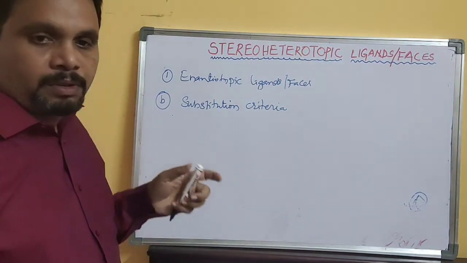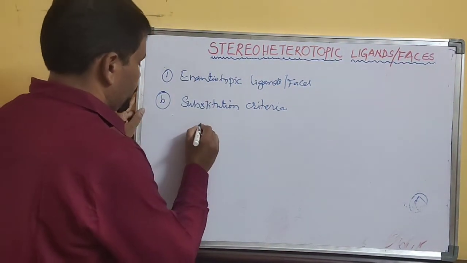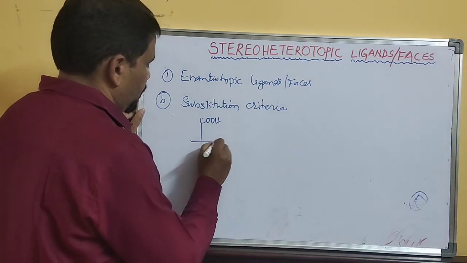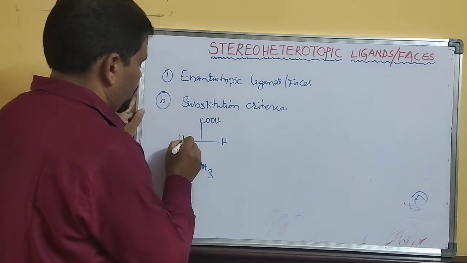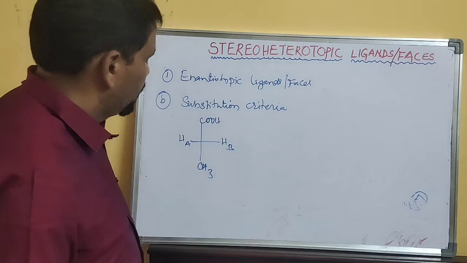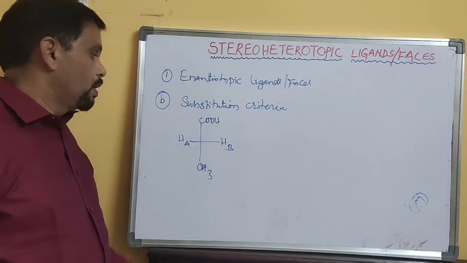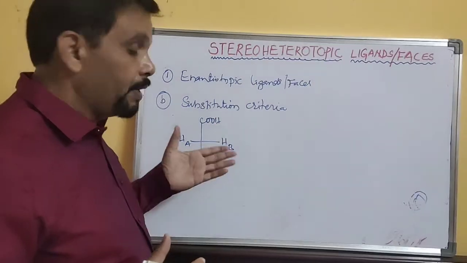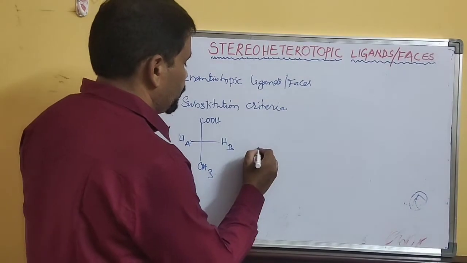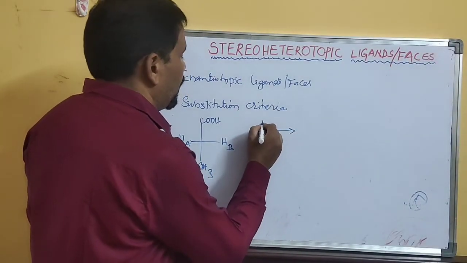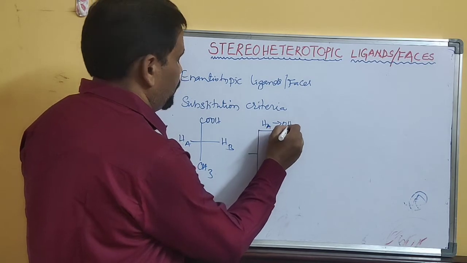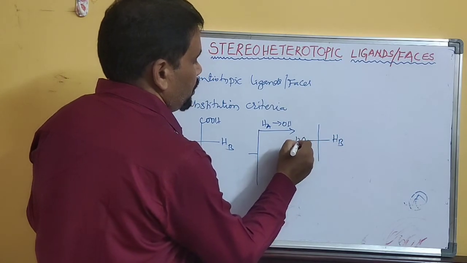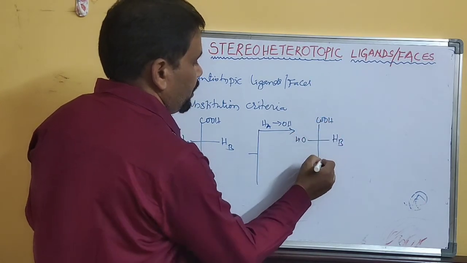Okay, I'll give some more examples. Suppose this is the molecule with HA and HB. Are these two atoms or groups enantiotopic or homotopic? How to find out? By substitution criteria. Hypothetically substitute HA with a hydroxyl group, and you will get this compound with HB, OH, COOH and CH3.